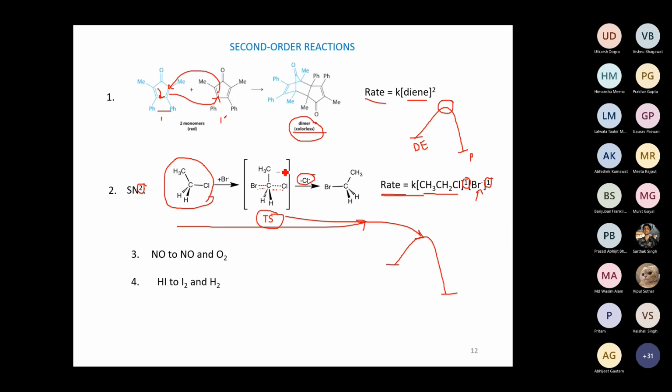So what might be the transition state? Based on symmetry, it looks like a trigonal bipyramidal kind of structure where carbon is five coordinated, where the C-Br bond is forming and the C-Cl bond is cleaving. It is not a completed process, it is going on.